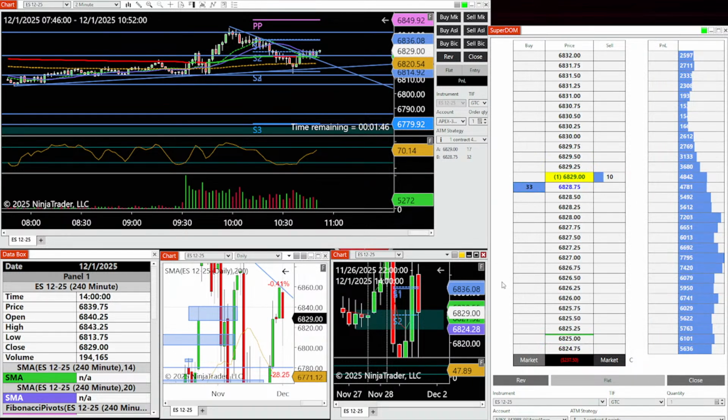Looking at that 30 break. Is it trying to break 30?